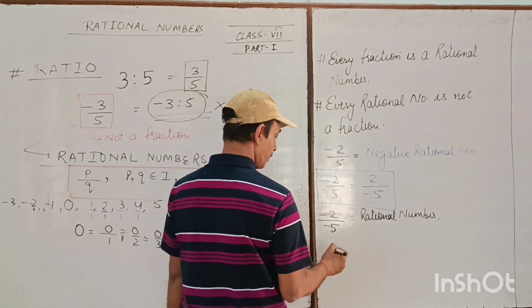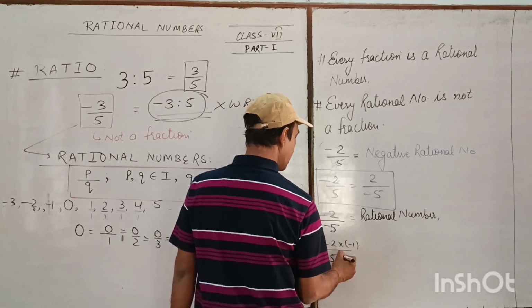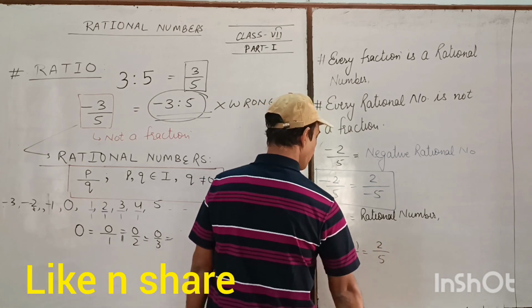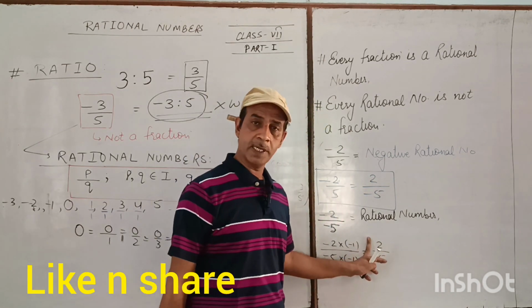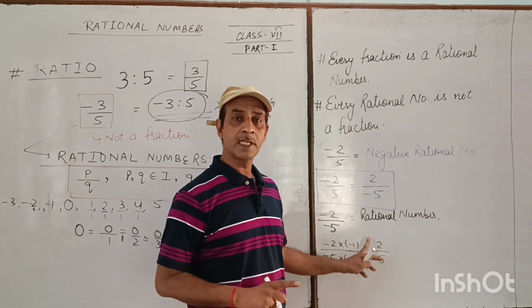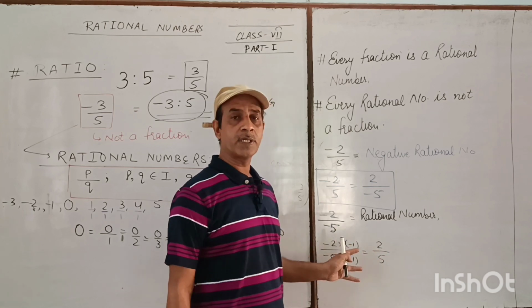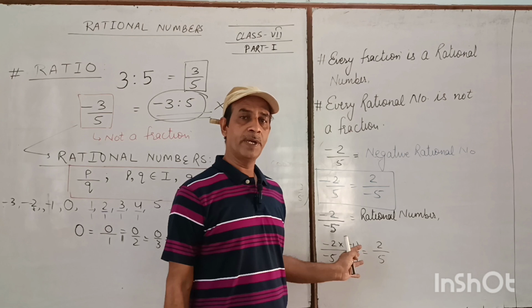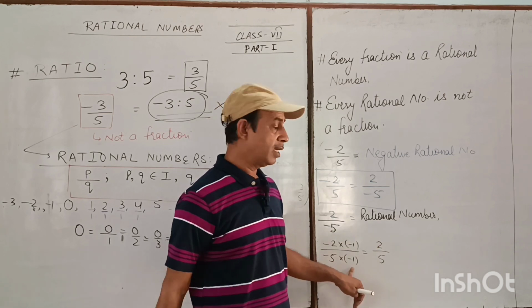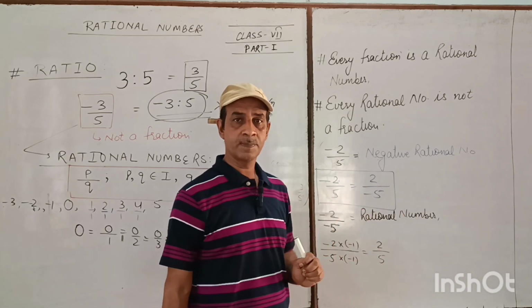But one more thing: minus 2 upon minus 5 can be converted into a positive fraction. Its numerator and denominator can be made positive by multiplying both by a negative number, that is minus 1. So we have got 2 upon 5, which is a fraction.